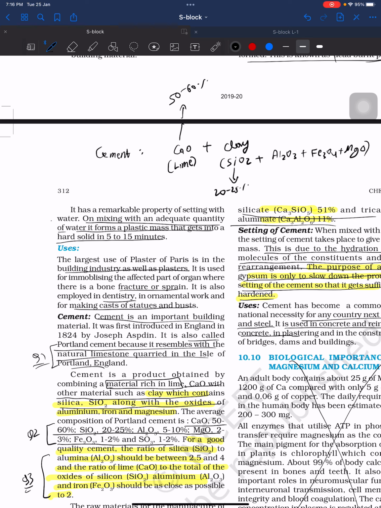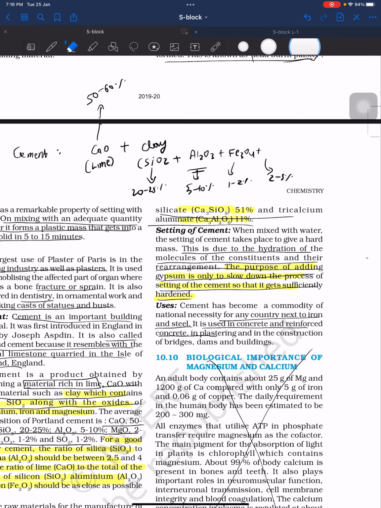Al2O3 is just 5 to 10%. MgO is 2 to 3%, and Fe2O3 or Fe3O4, whatever it is, ferric oxide is just 1 to 2%, and SO3 is also there.